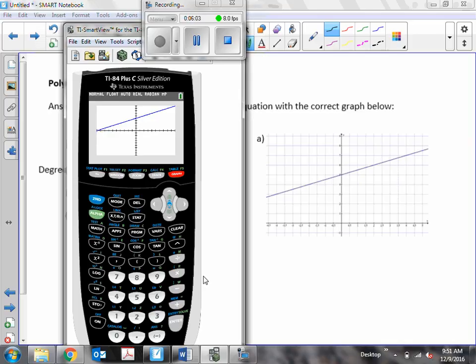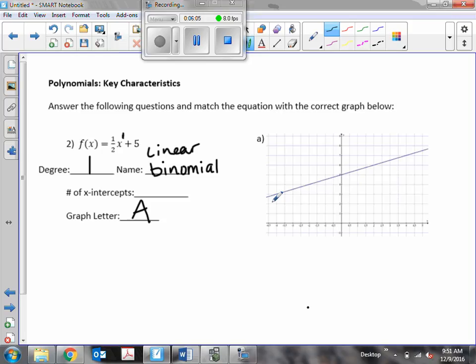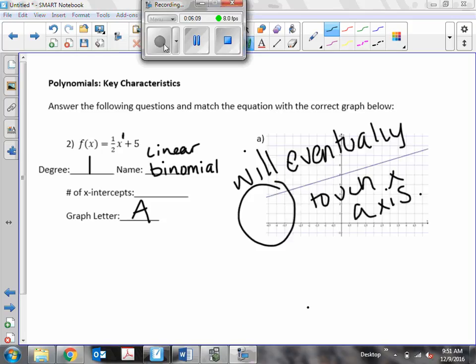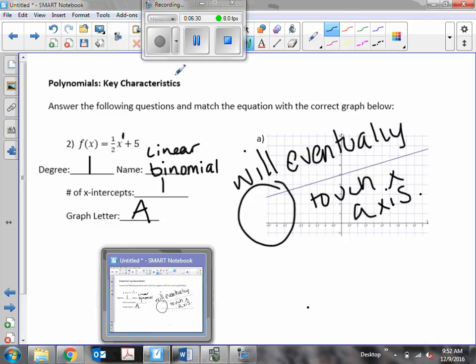So even though I don't see it, this right here will eventually touch the x-axis, and it will eventually touch the x-axis at one location, one time. And again, if I look at my graphing calculator, I can actually see that on the graphing calculator. Even though I don't see it on the screen that I have on this paper, we will see it eventually touch. So let's try another problem.